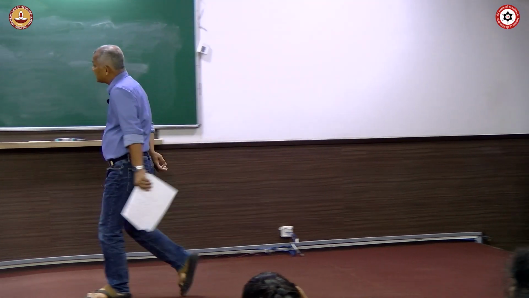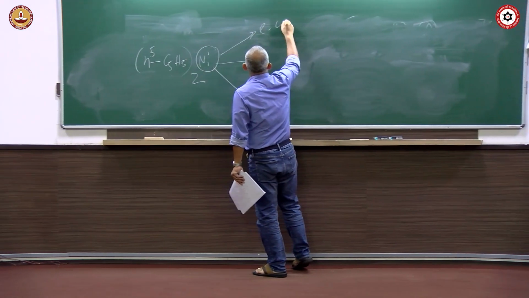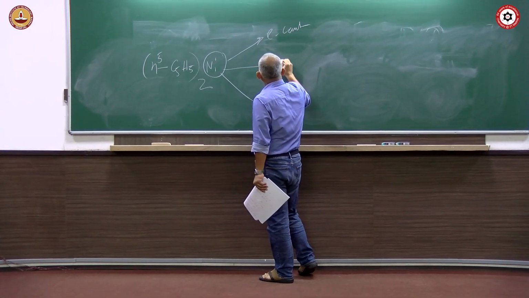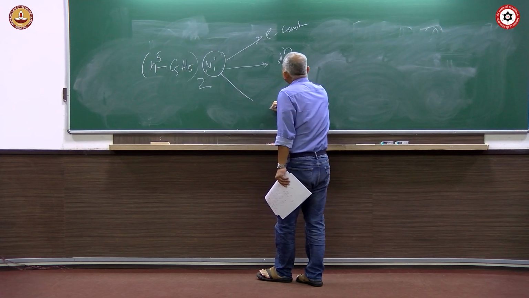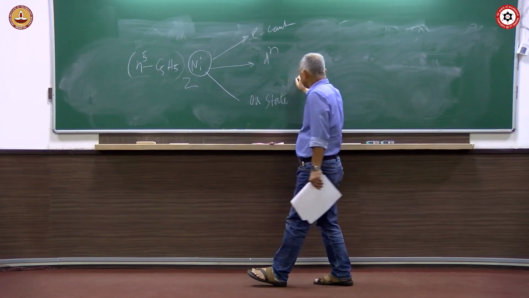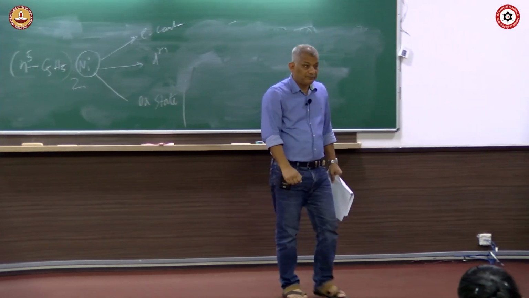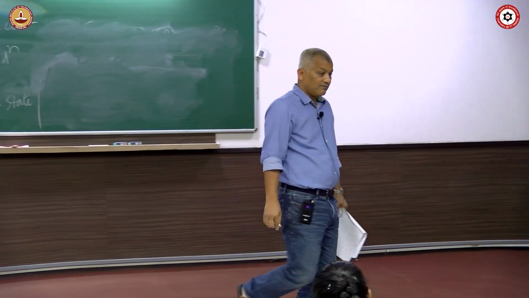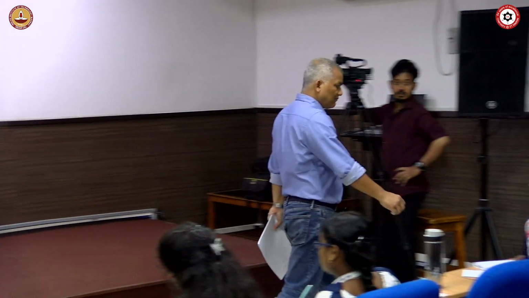First one is the electron count. Then Dn configuration and oxidation state. Bolo. First is electron count. Very good. 20 electron. Can you explain? Very good.